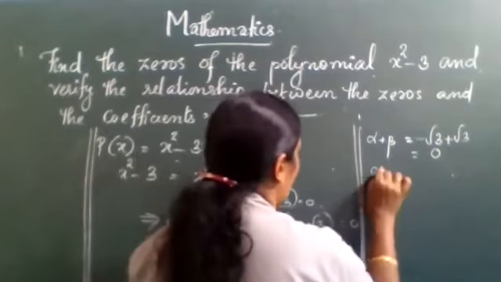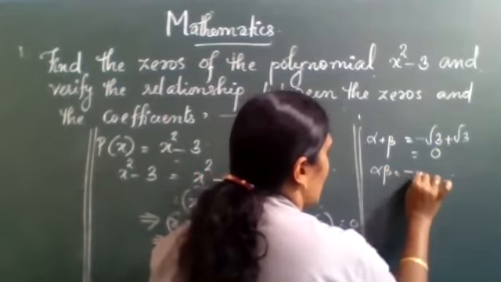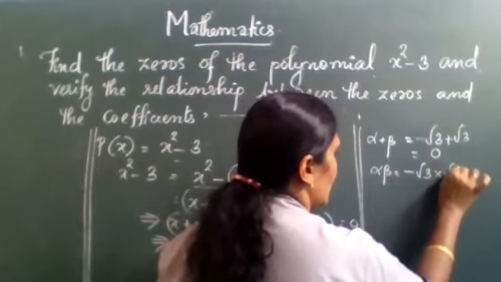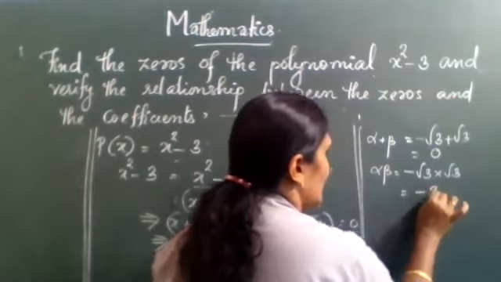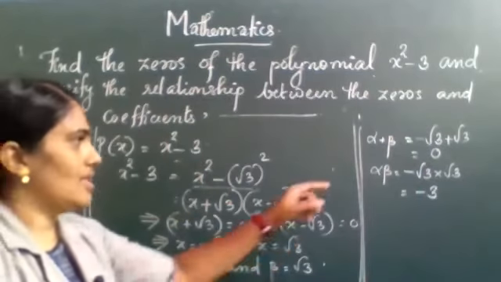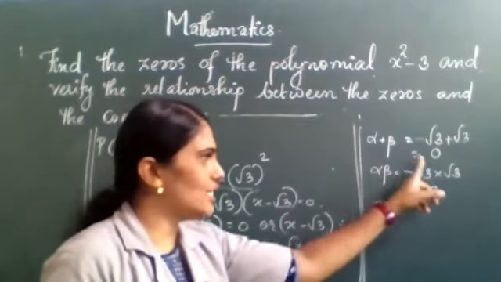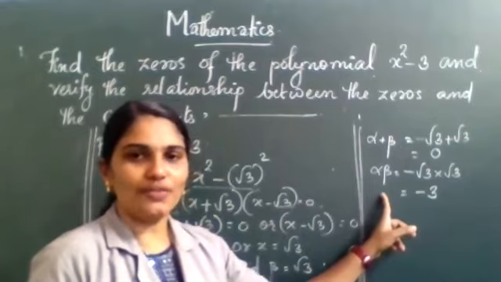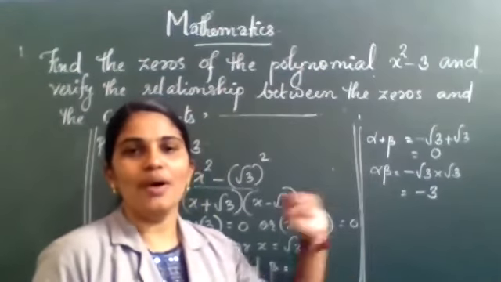Alpha beta is equal to minus root 3 into root 3, that is minus 3. We get the sum of zeros alpha plus beta is equal to 0 and the product of the zeros alpha beta is equal to minus 3.